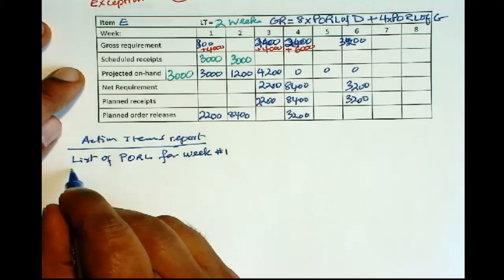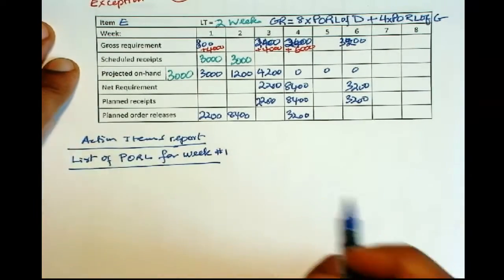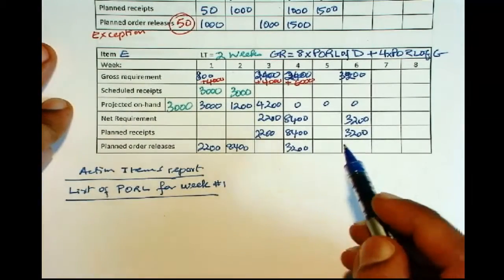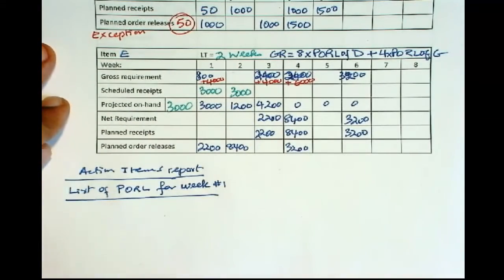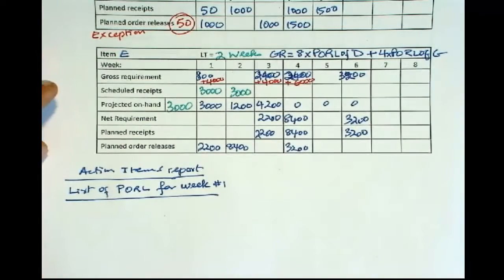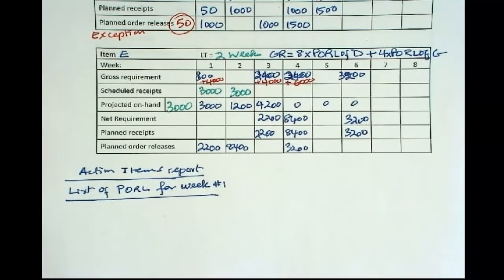So those are the orders that must be placed right away. The ones that are in the future, in week 2, week 3, week 4, we have to plan for them, but they are not action items right now. So the ones that are in week 1 must be ordered right this week. So let's look at what those are.